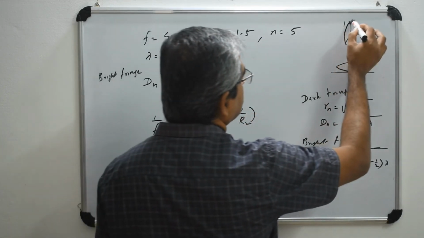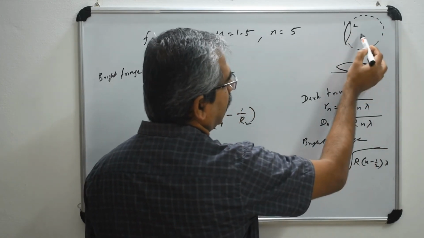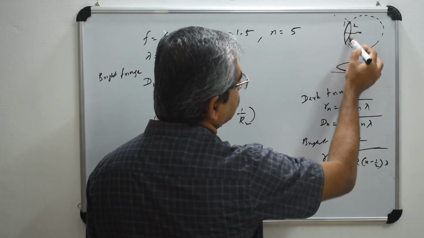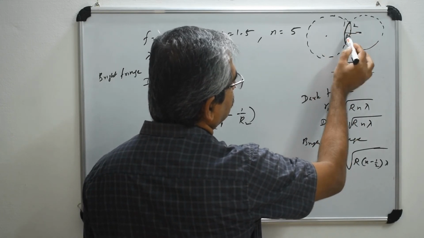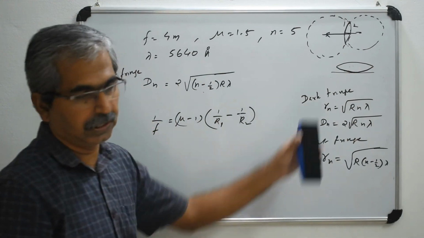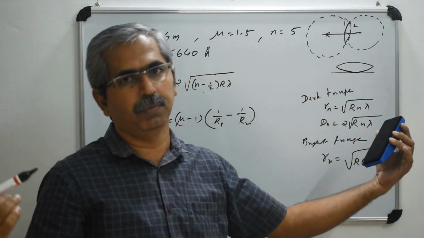So this is a part of a big circle, and this is the radius. And r2 is like this, so the radius will be in the opposite direction when you are measuring it. The two circles are towards opposite sides.